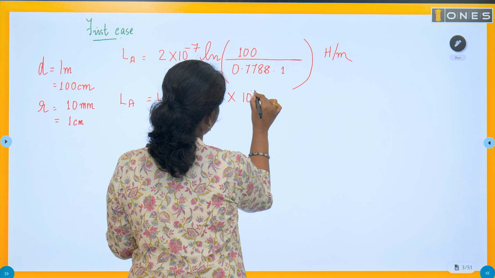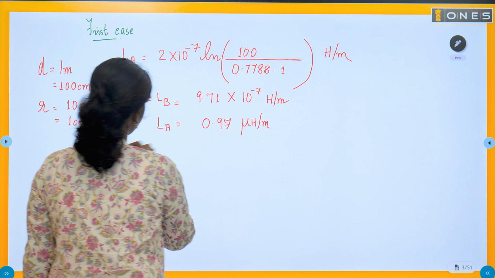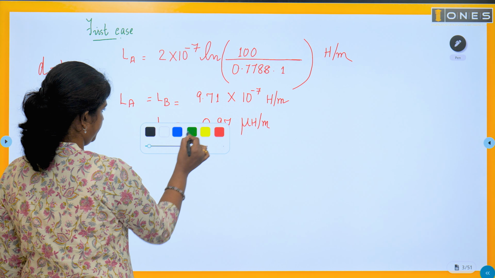This is the same as 0.97 micro Henry per meter if you convert it to micro Henry per meter. So this is your first case answer.